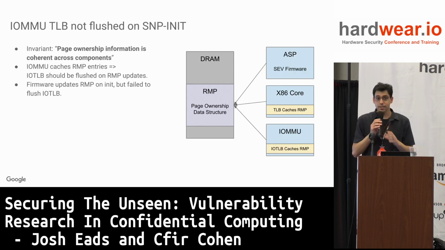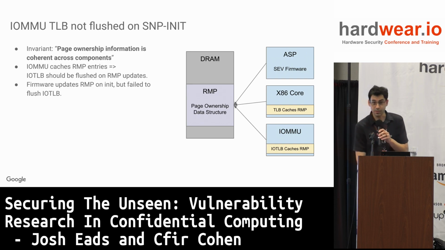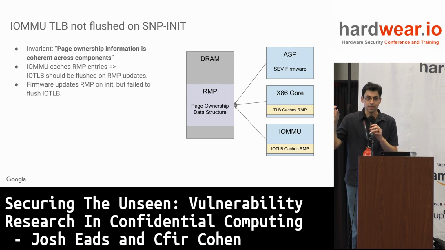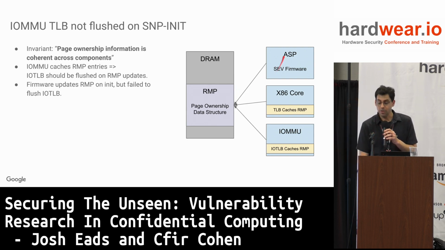All right, the second finding involves a hardware component. So to recap, there's this highly privileged data structure called the RMP, which maintains page ownership for all physical pages. And when you think about all the components that read from or write to the RMP, you realize that there are three main components.